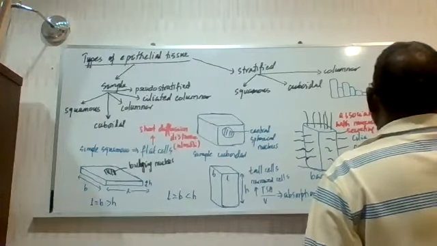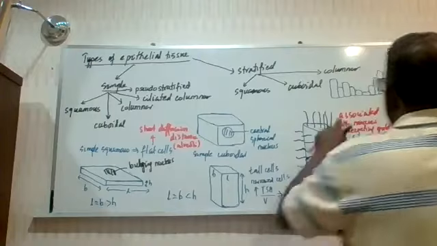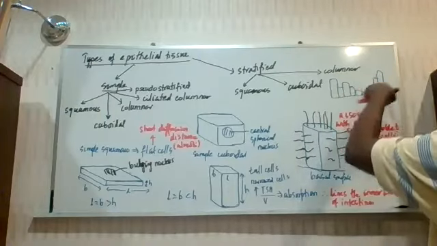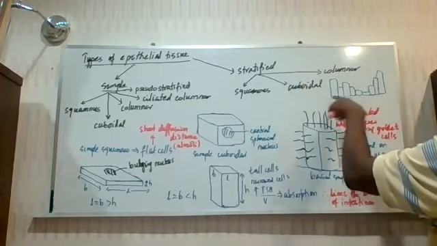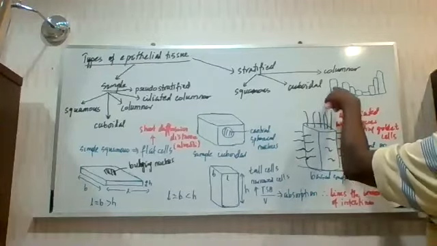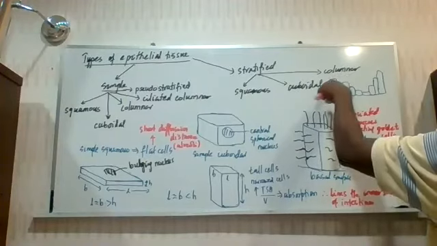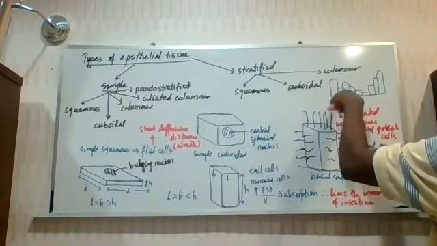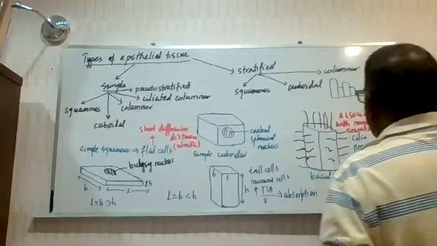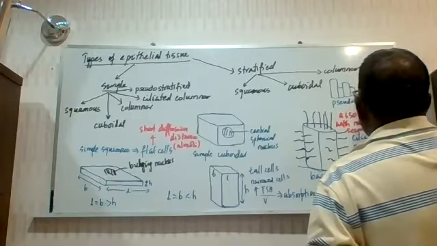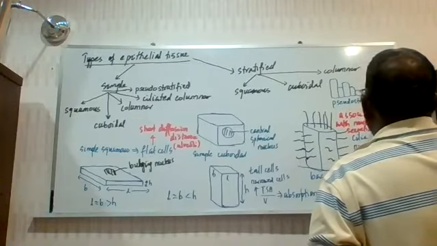The cells are of differing heights. Can you see one long, one short? You can see it's like a layered arrangement, but actually there's only a single layer. Because of one long and one short, you get a multi-layered appearance, a higher layer and a lower layer. That's why it's called pseudo stratified.